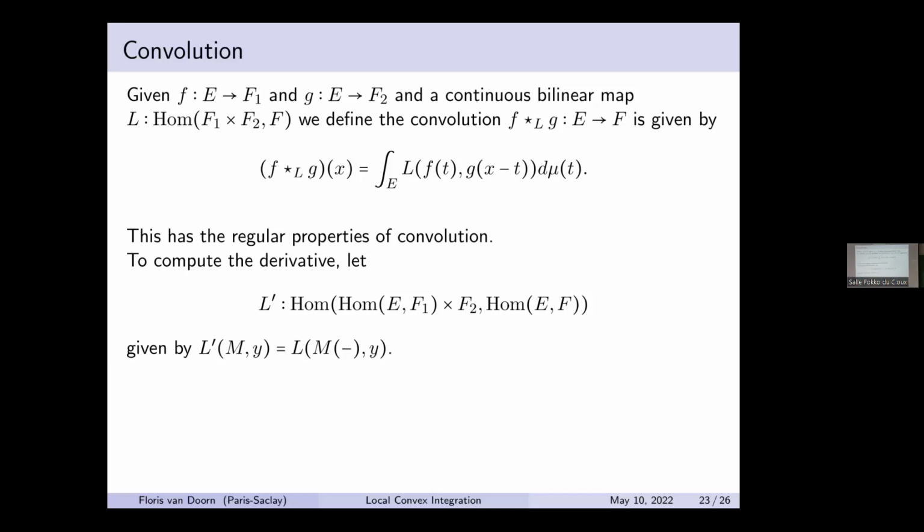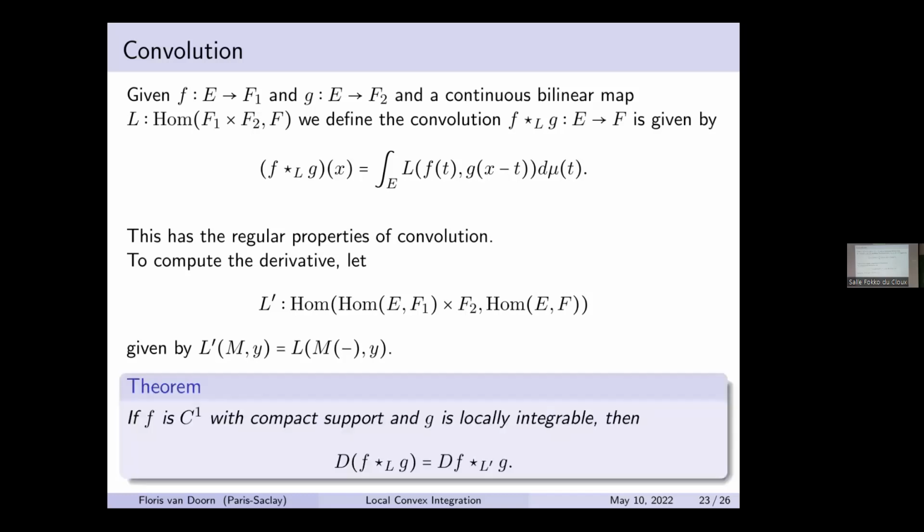You just compose M with the first argument of L, and this is again a continuous linear map. Now the theorem is that if f is C1 with compact support and g is locally integrable, then the total derivative of the convolution of f with g is the total derivative of f convolved with g using this new linear map.